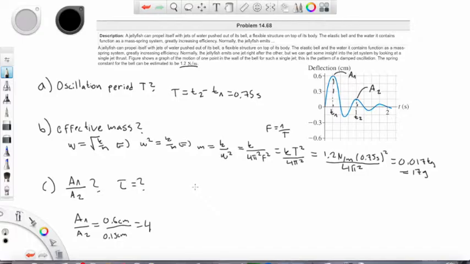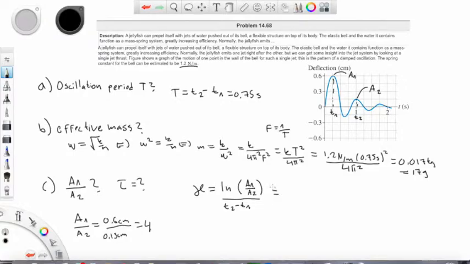Now, to get to the time constant, we have to calculate the damping constant gamma. This relationship was developed in video 14.7, so if you didn't watch that, go and have a look. Anyway, we got the following. So gamma is the natural log of the ratio of two consecutive amplitudes, or any two amplitudes, divided by the time between them.